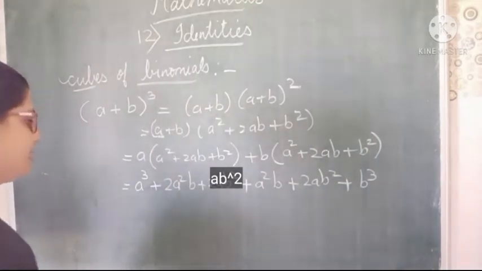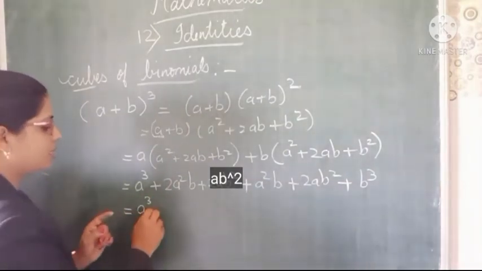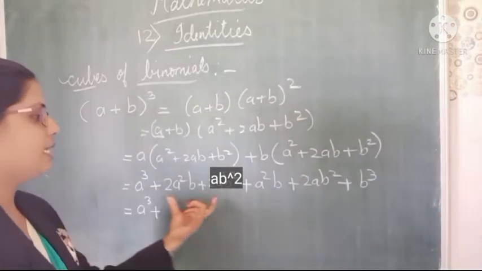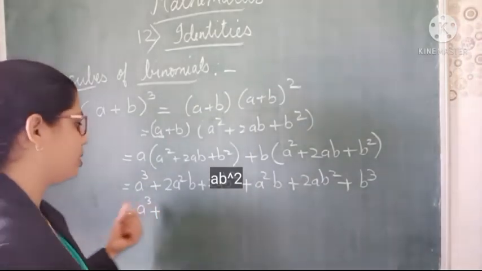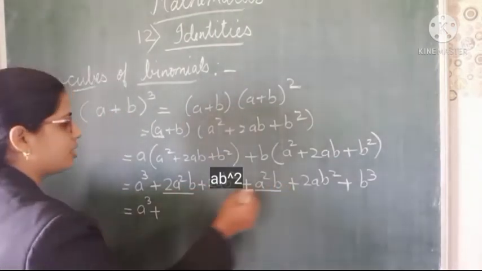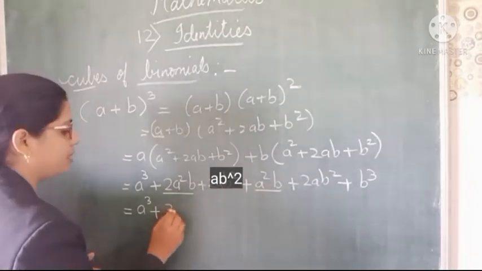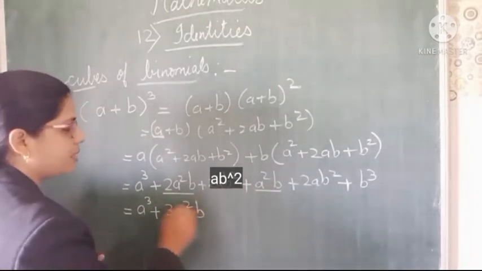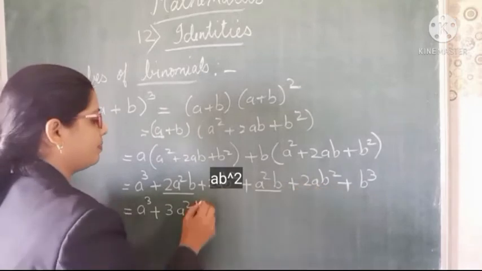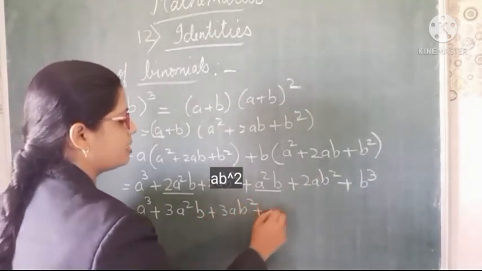Okay. Now next, it equals a cube plus, now see whether like terms are there or not. So a square b is there here also. So it will be 2a square b plus a square b, it will be 3a square b. Right. Then plus 3ab square plus b cube.